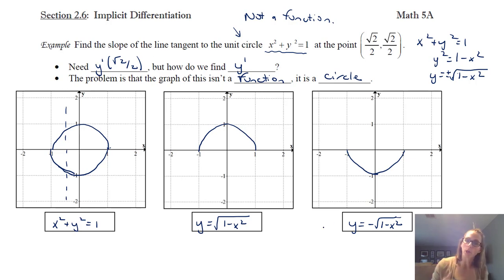So one way that we could find the derivative is by taking the derivative of each of those two slightly different y values, and that would tell us the derivative of the top part, and then we could do it again for the bottom part, and that would be one way to find y prime for this, x squared plus y squared equals 1.